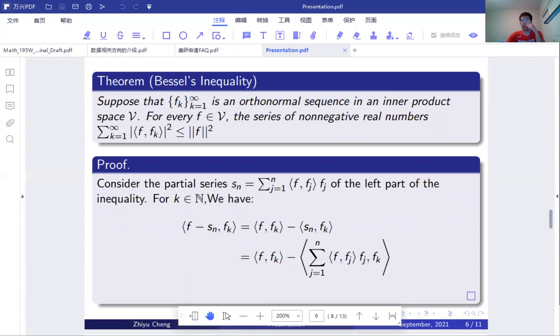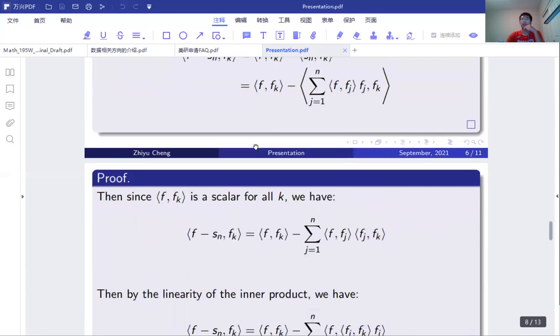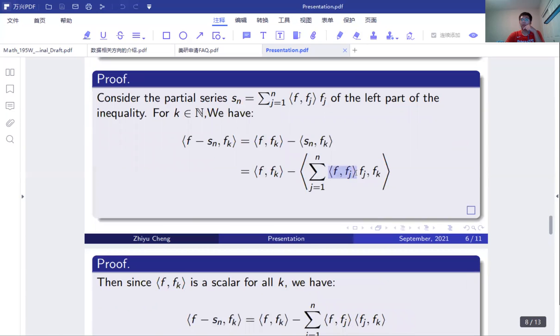Suppose S_n is a partial sum of the left one. Then, by linearity, the inner product of f minus S_n with f_k is equal to this, and we change S_n into this one. Since this is a scalar, we put it out.